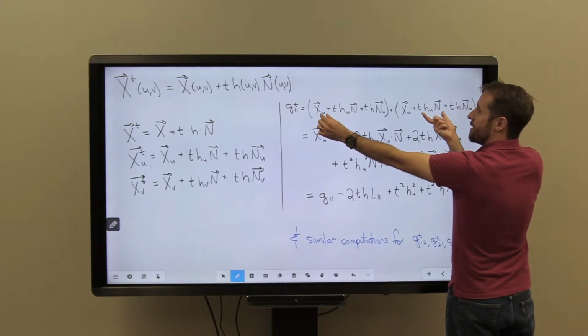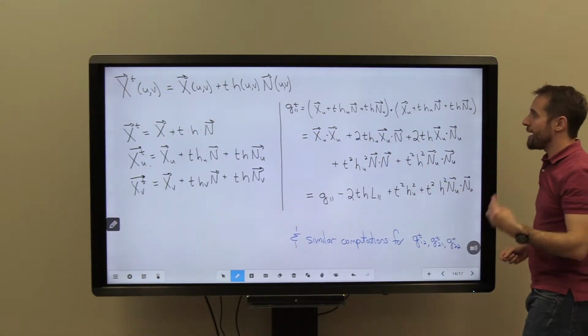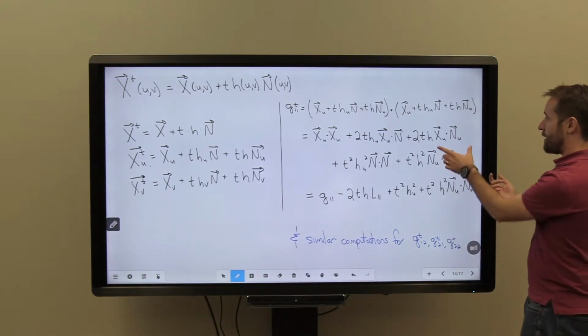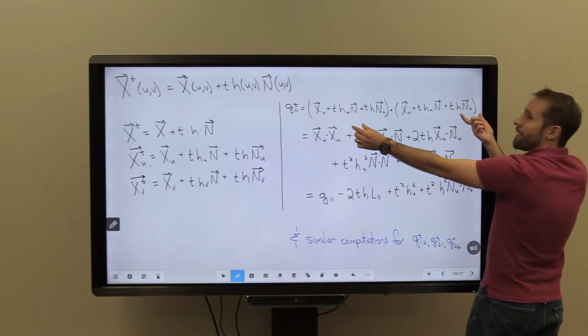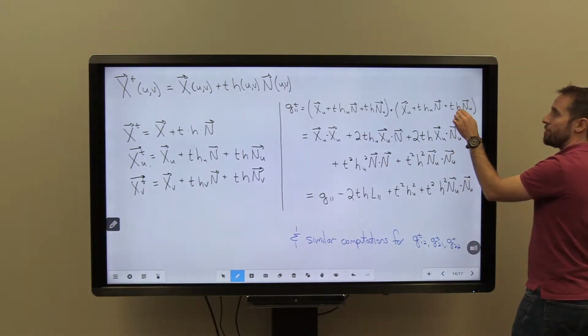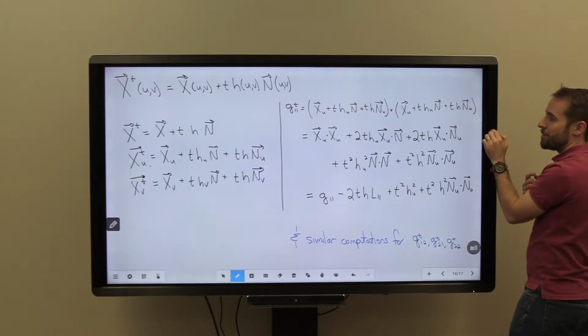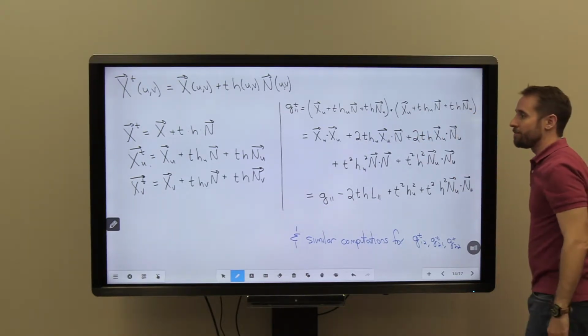That's this one and also this one. And I will end up with 2 copies of, let's see, this is my first term dotted with my third term. So that's x sub u times t h n sub u. And that's written here, 2 copies of that as well.